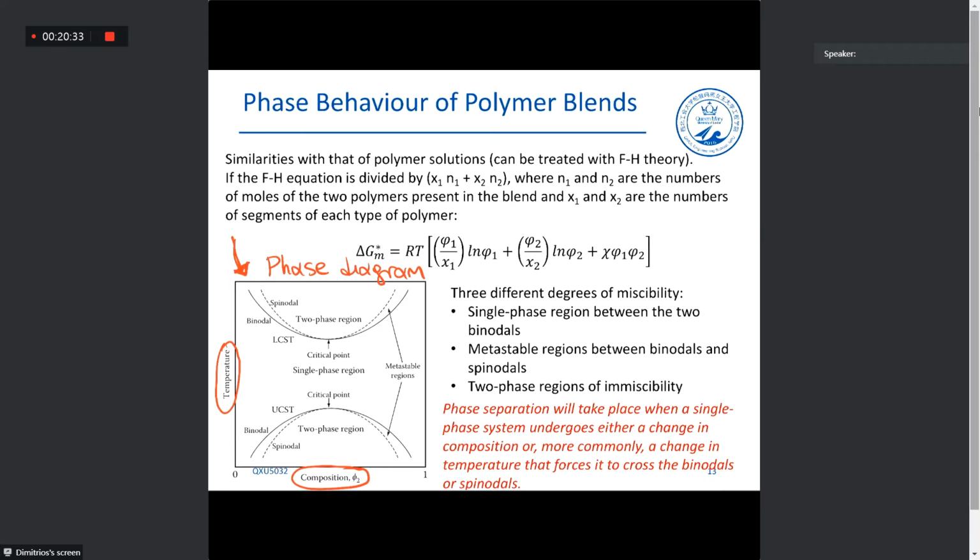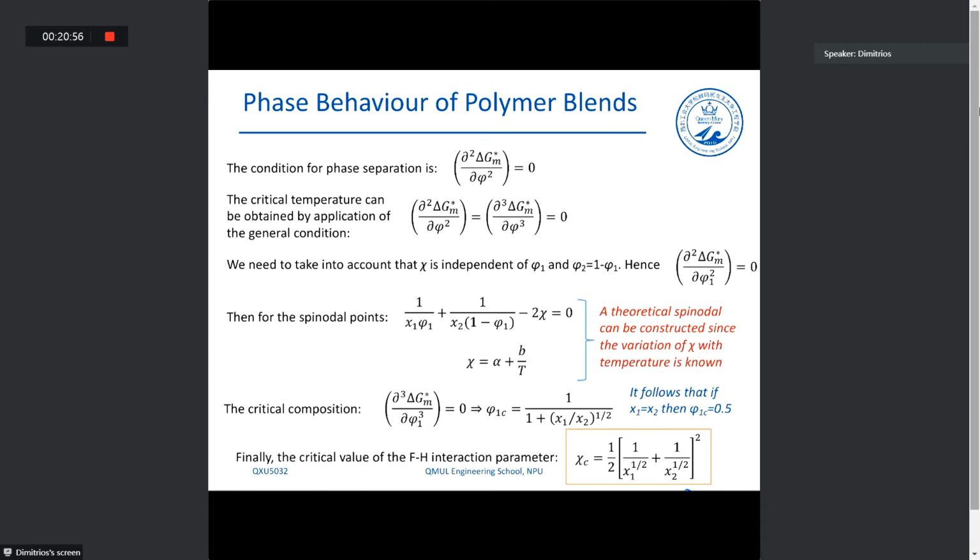These are the critical points, the upper and the lower critical points. Some equations here can very easily be obtained if we differentiate the Flory-Huggins equation. So in order to find the spinodal points, we take the second derivative of the Gibbs free energy to be equal to 0. Okay.